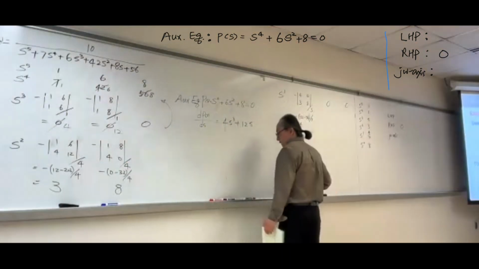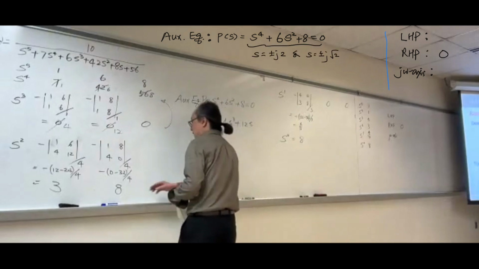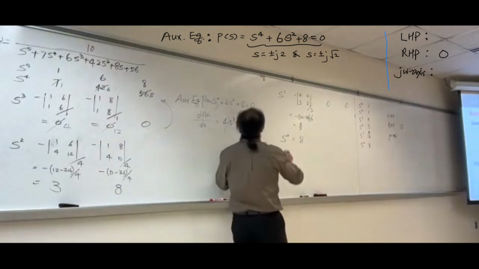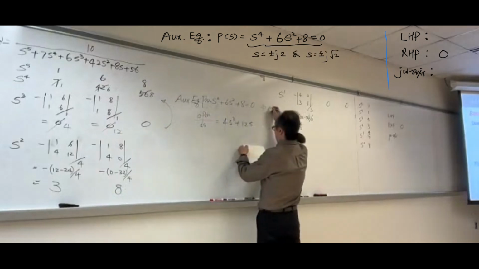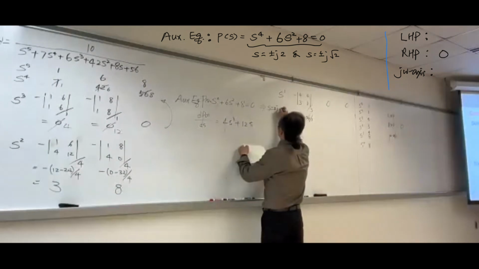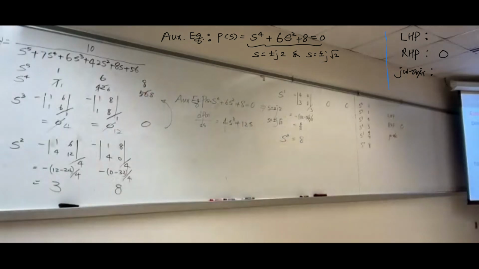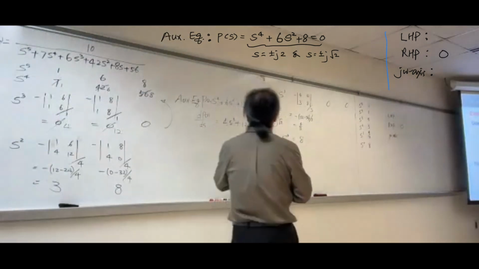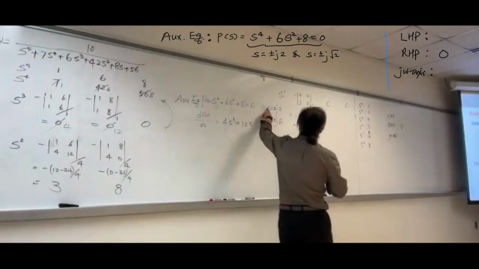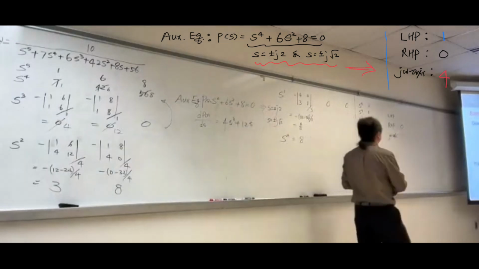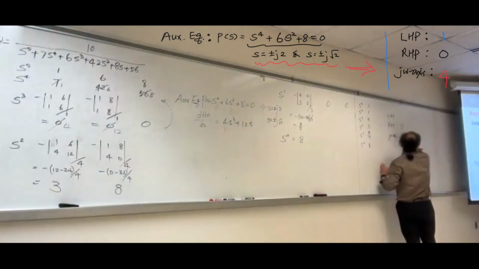We're good? Now, just like what we had before, if we solve for this, we have s equals plus or minus j2, s equals plus or minus j square root of 2. You can use your calculator to find the roots for this fourth power, and we have 4 j omega axis poles.